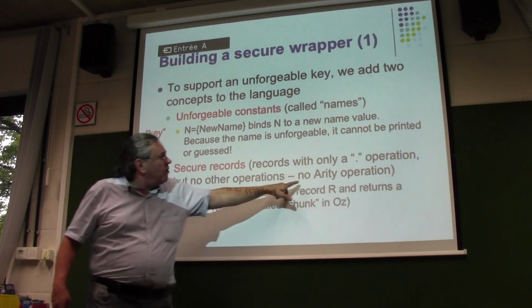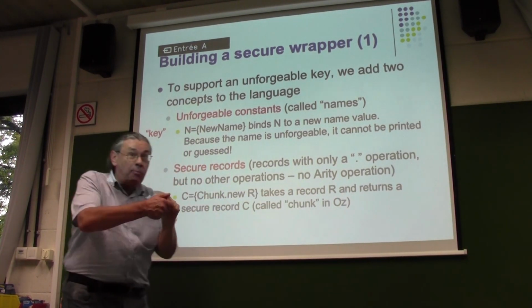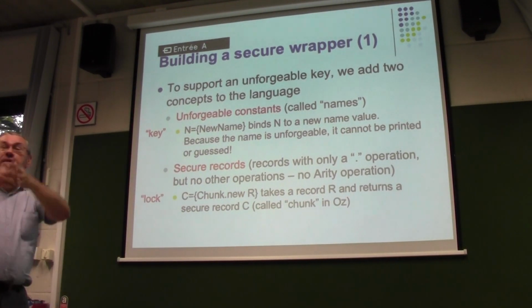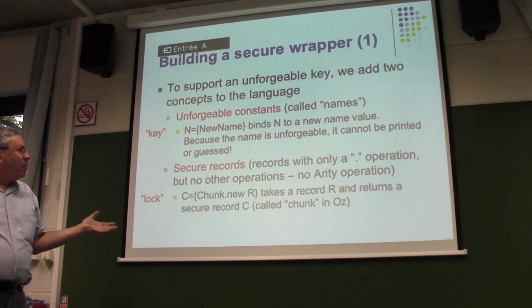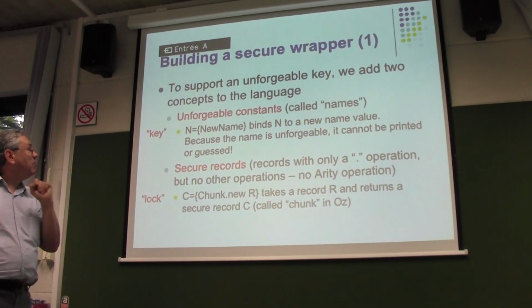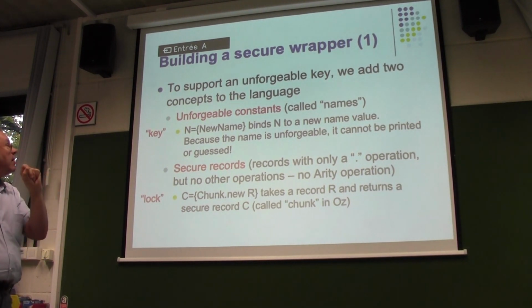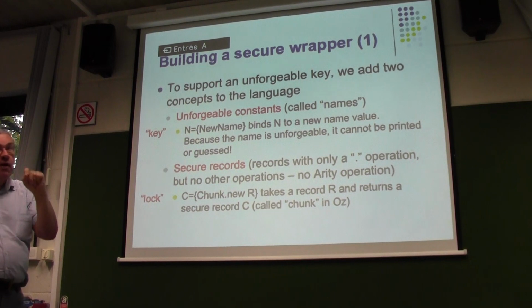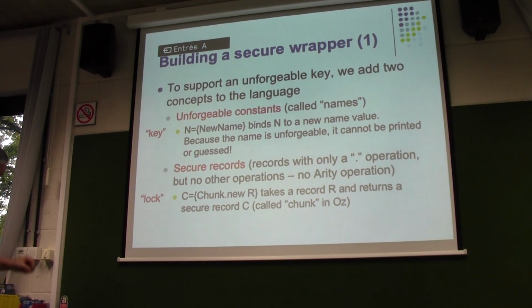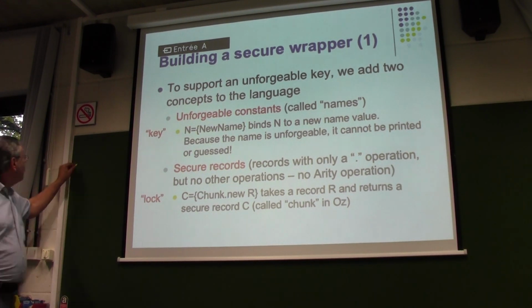In Oz, normally the records have an arity operation that lets you see what all the fields are. But if the record field is actually a name, an unforgeable constant, then the only way to access the field is if you know the name.